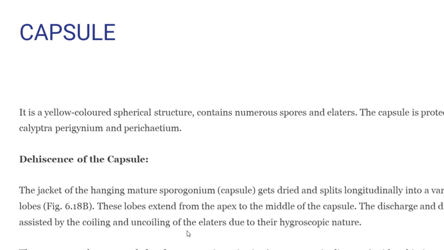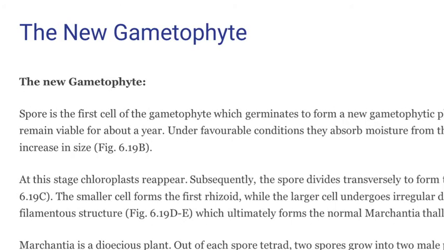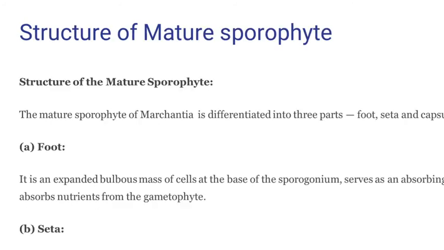The spores are almost round and very minute, with a thin inner intine and a slightly thicker outer exine. In some species, an additional layer, the perispore, is also found outside the exine. The capsule dehisces longitudinally, and the spores come out.